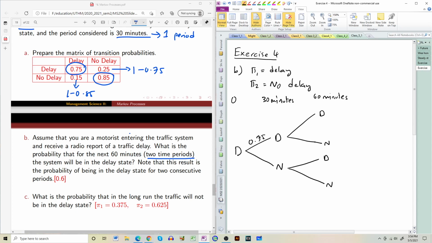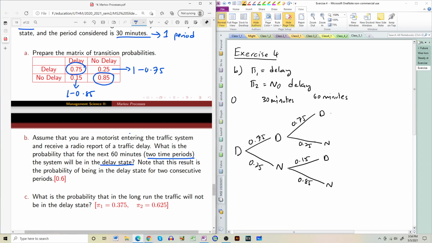Delay to delay 0.75. They want the probability that the state will be in the delay state.